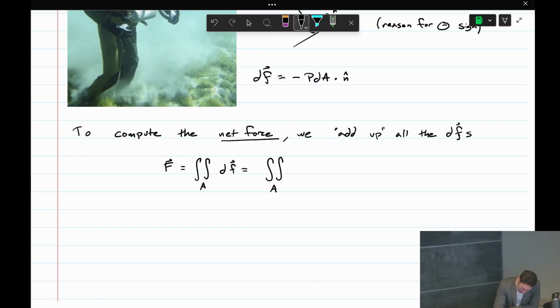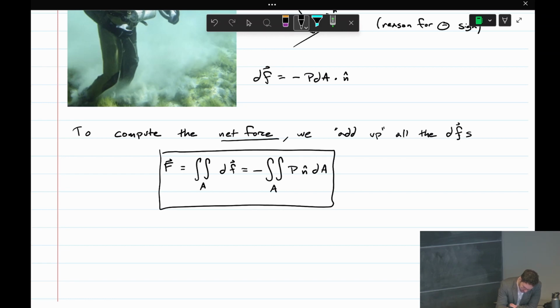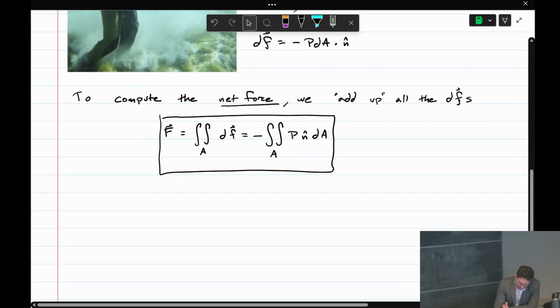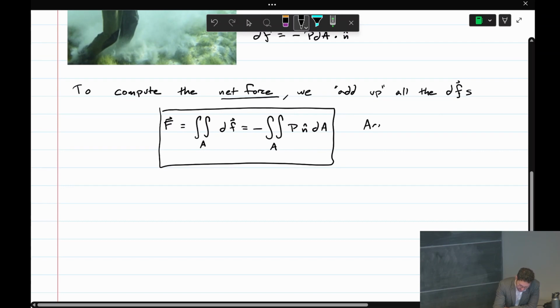I'm going to pull the minus sign out. So minus the integral of P n hat dA. So that's an area integral.